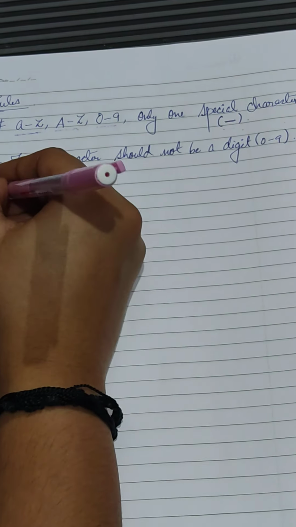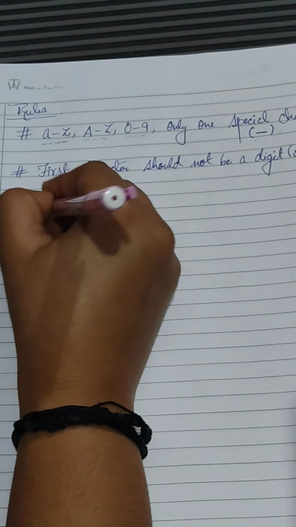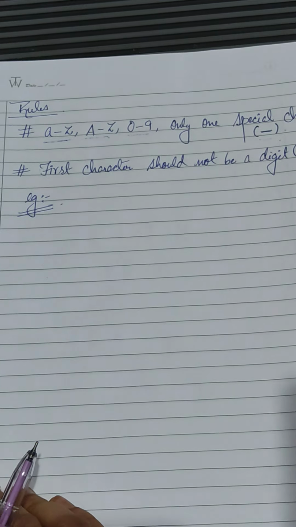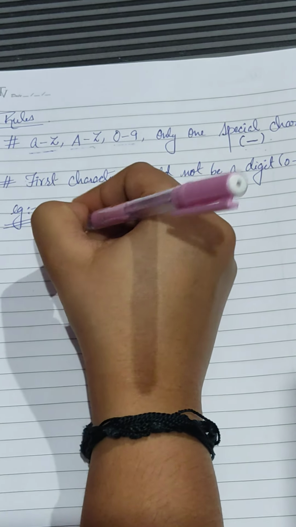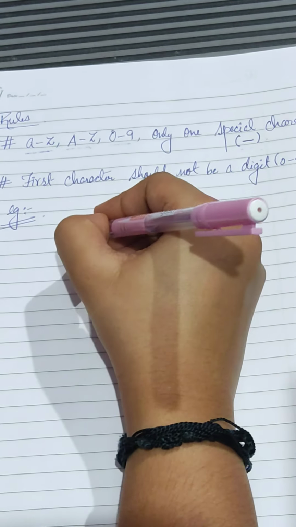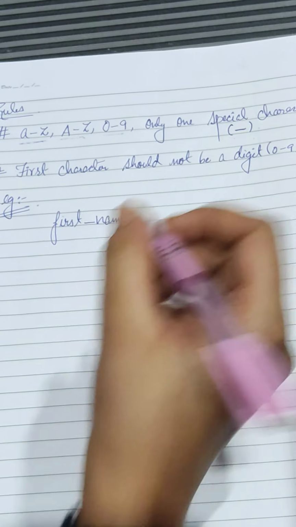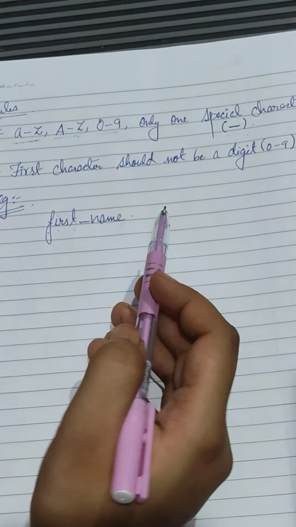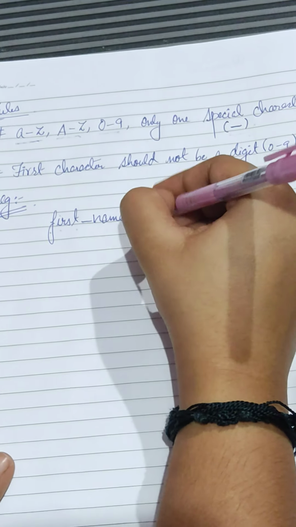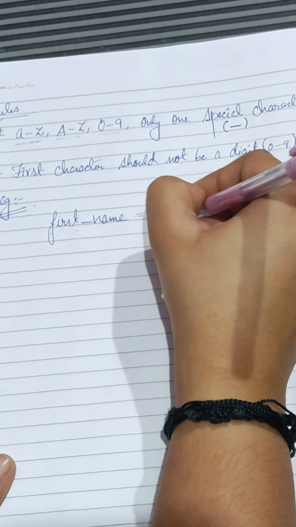For example, I can give you the examples of the rules. Like first underscore name. So it contains all small letters, underscore, and name. So this is a right variable name.